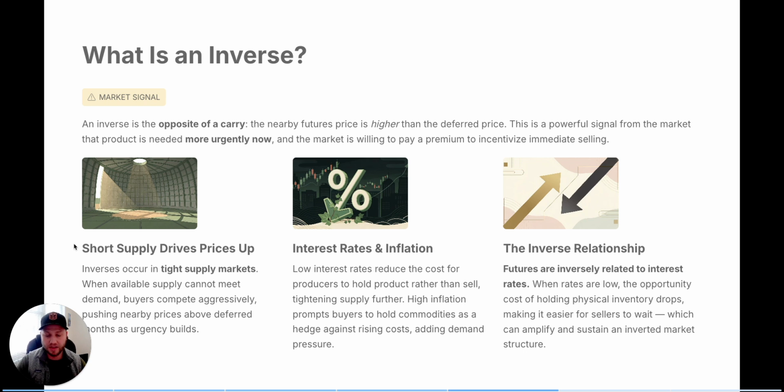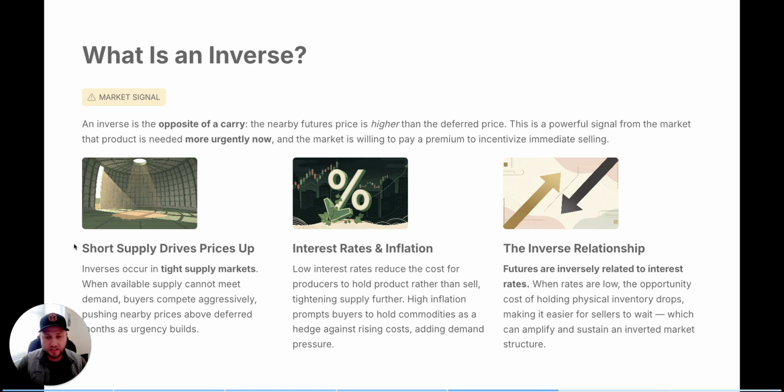So that's where buyers end up pushing up the prices, trying to get what they can for their nearby coverage. High inflation will also prompt buyers to hold commodities, right, as it is a hedge against rising costs, which is just further adding to that demand pressure.